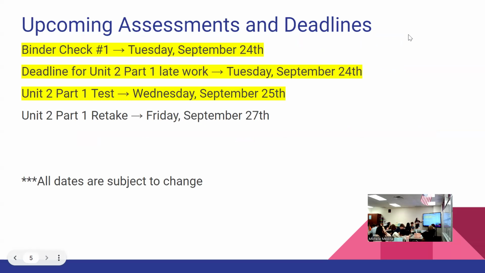Keep in mind, these are the next really important deadlines and assessments. Quizzes are your checkpoints. You should always see how you did the day after they're usually. So do corrections if you want to.